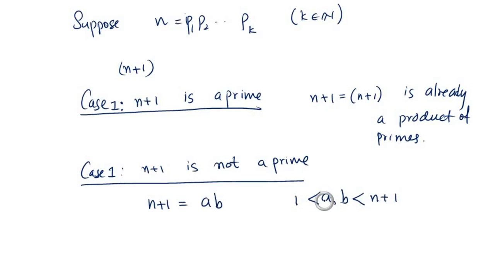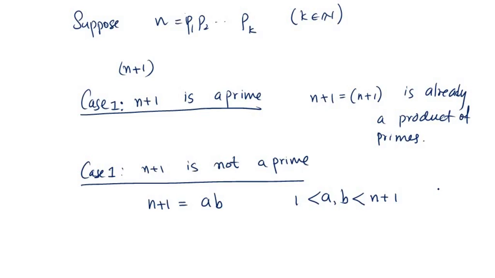Now, there is a small issue in applying our hypothesis to this case, because we only know that a and b are less than n plus 1 and greater than 1. If one of a or b equals n, then we could have applied the inductive hypothesis and concluded that a or b is a product of prime numbers. However, in this case, we can't guarantee that a or b is equal to n.